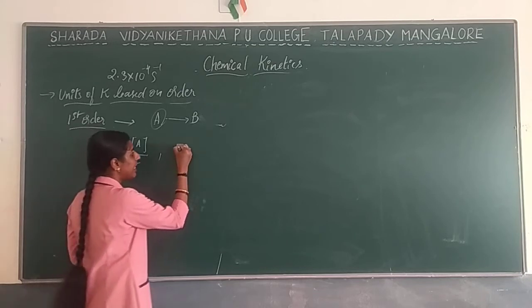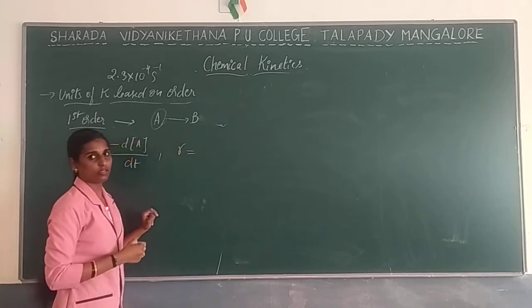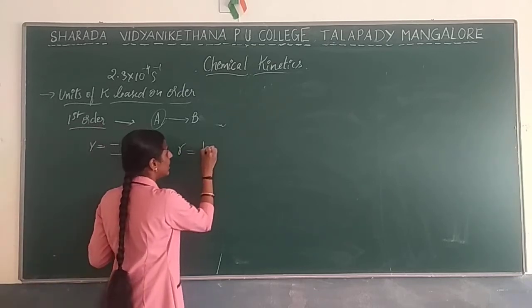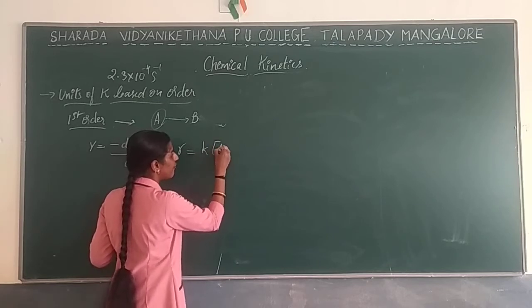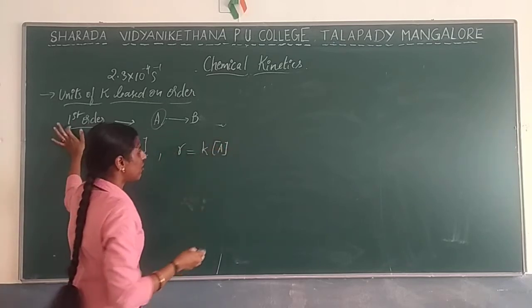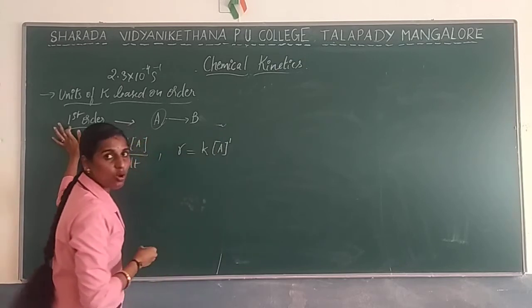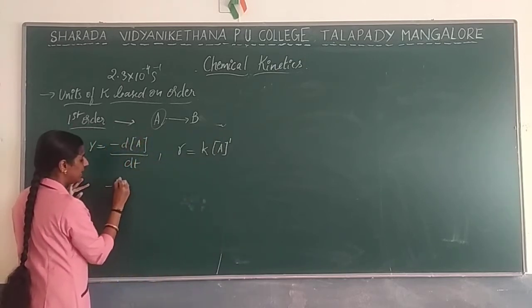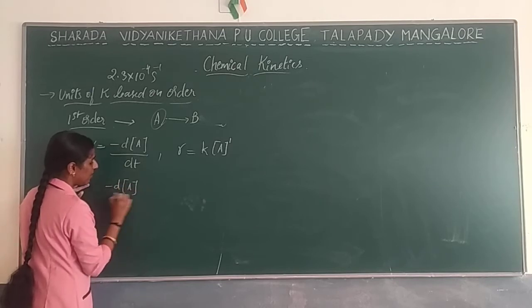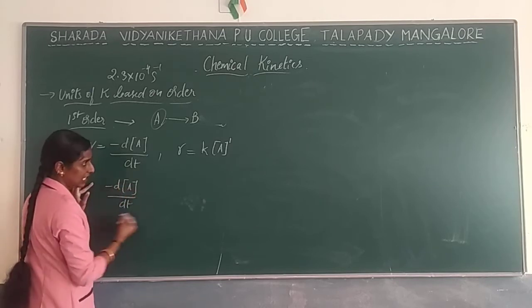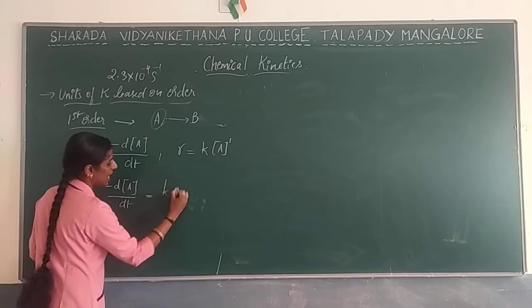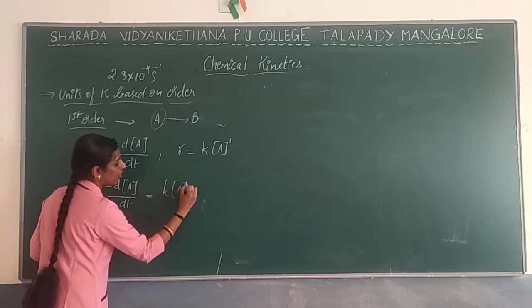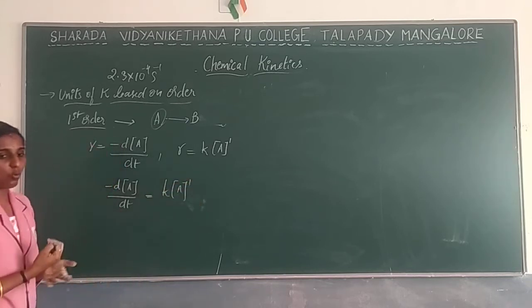Or you can write it based on your rate law also: R is equal to K into concentration of A. Remember, for first order it is written to the power 1. So this equation we can also write as minus dA by dt is equal to K into concentration of A to the power 1.